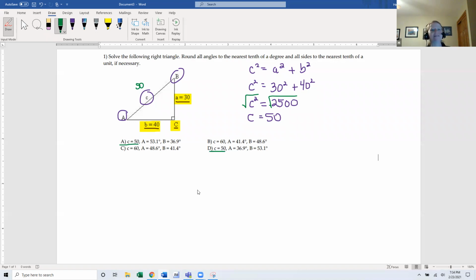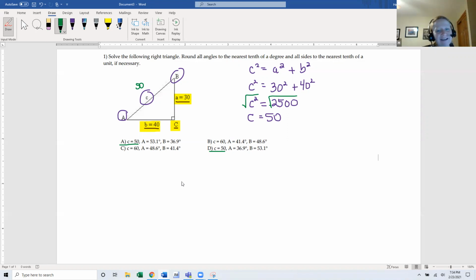But to narrow it down further, we got to find the angles. Okay. Alrighty, so sorry, I'm thinking.